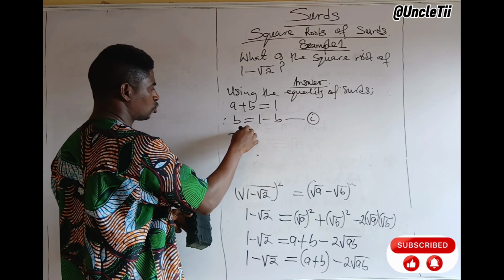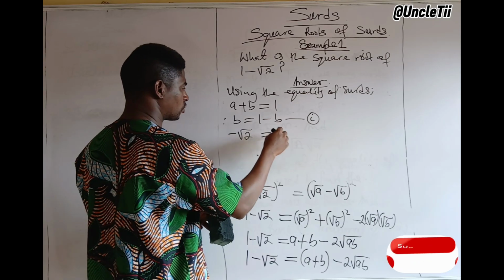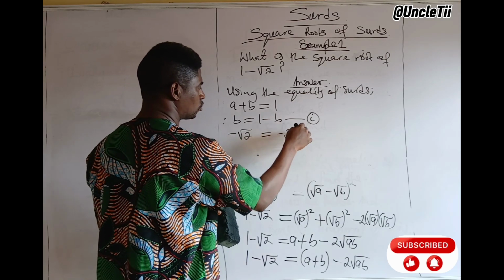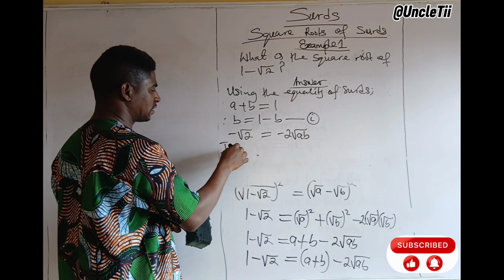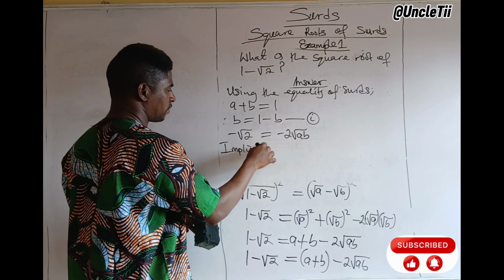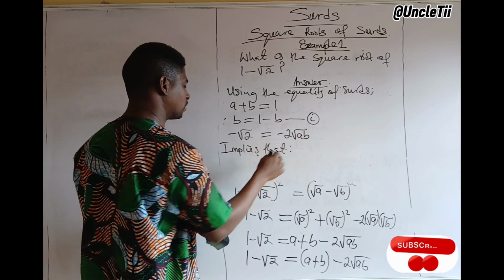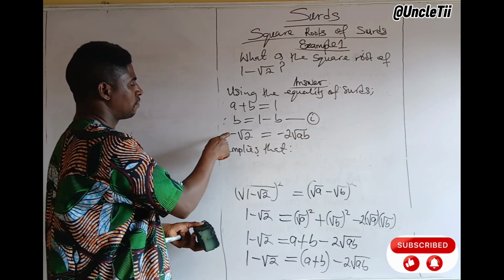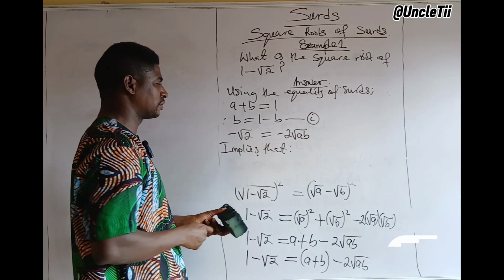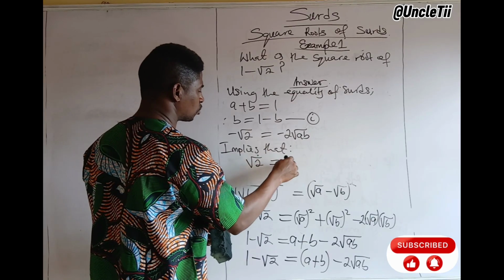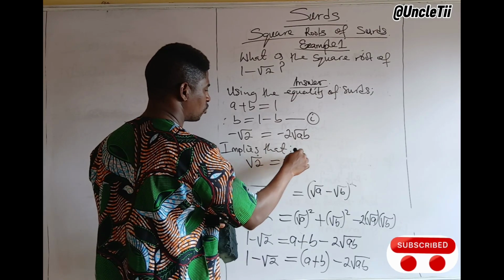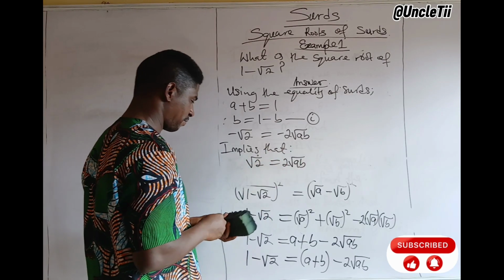Then minus root 2 will be equal to minus 2 root AB. What does it imply? Minus would cancel minus. So it implies that root 2 is equal to 2 root AB.